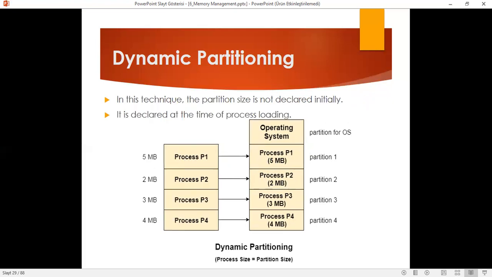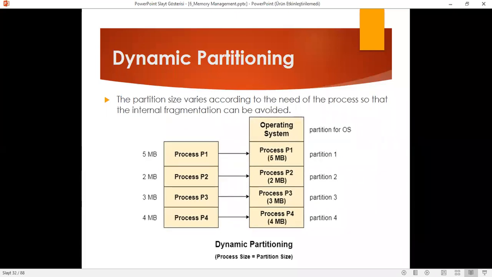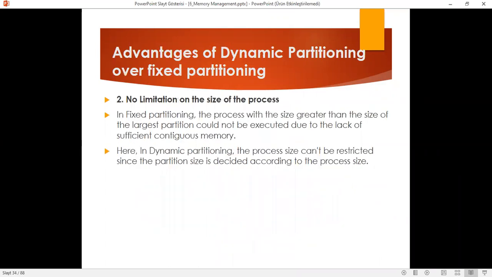It is declared at the time of process loading, not initially declared. So here we don't have any internal fragmentation.